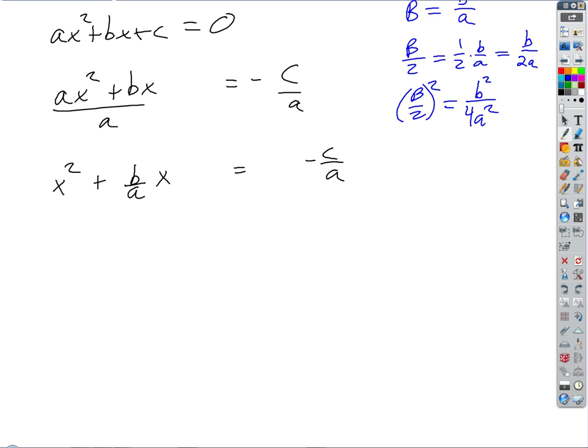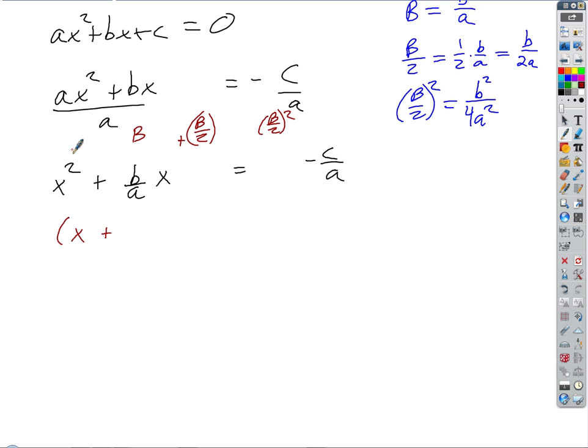Okay, so then now we can do our process of completing the square, right? If we think about the pattern, we're just going to add B over 2 quantity squared to both sides. And what that's going to give us is X plus what? Pretend we're just going to call that B for a second.